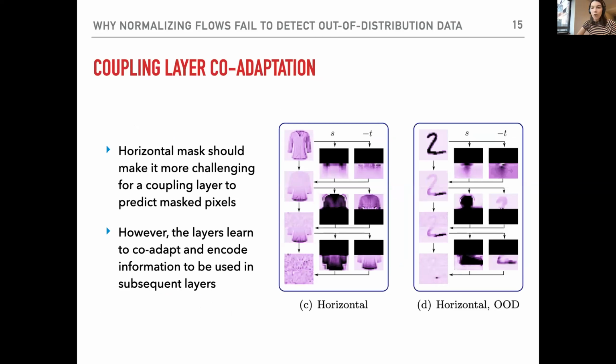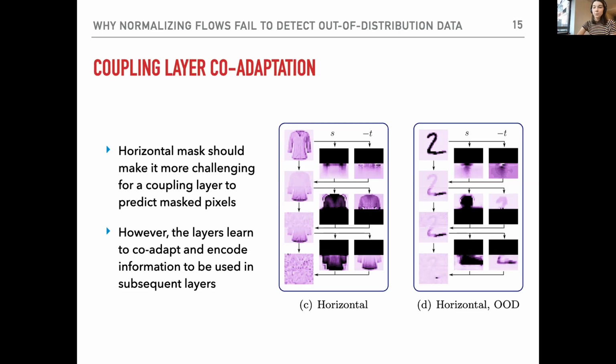Another example of the mechanisms that flows use is the coupling layer co-adaptation. We can try and prevent the normalizing flow from using the information that neighboring pixels are similar, and replace the standard checkerboard masking with horizontal masks, which cover the top or the bottom half of the image.